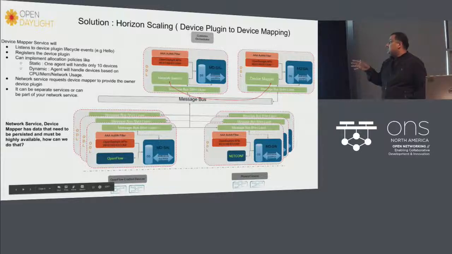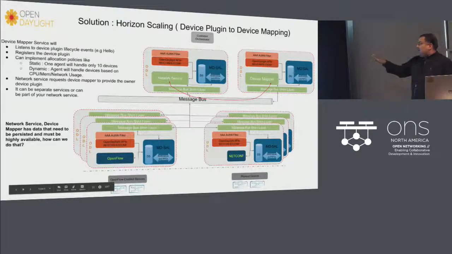Let's assume there is a way to figure out the CPU, memory, and network load on this particular agent. If that can be fed back to your device mapper, it can decide dynamically whether to allow this agent to manage one more device or not. So you can impose those kinds of dynamic policies in this device mapper as well.